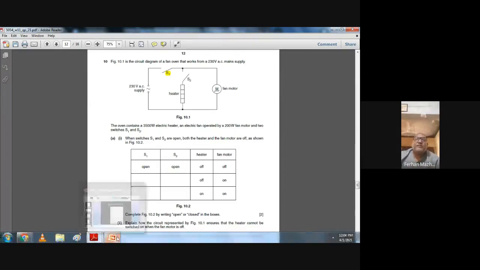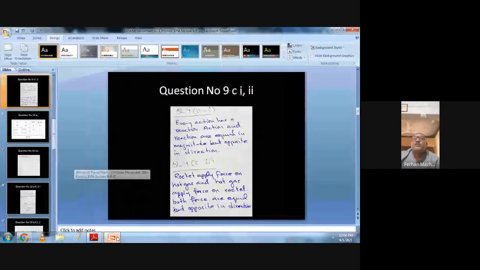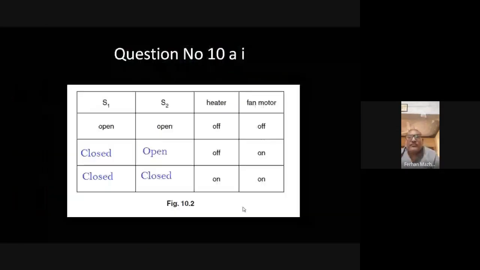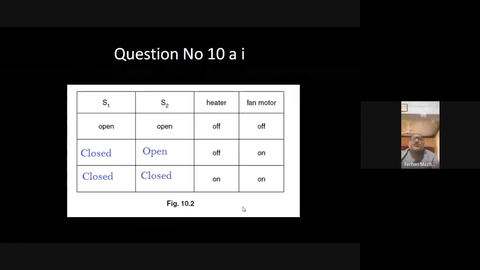I have done this on a paper. Let me show you my work. So if the switch S1 is closed and S2 is open, the heater will be off and the fan motor will be on. So closed and open in the first row.